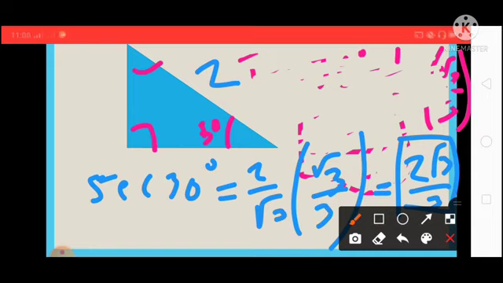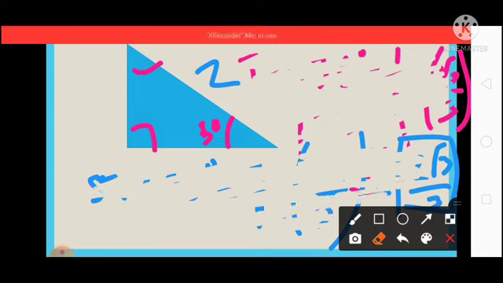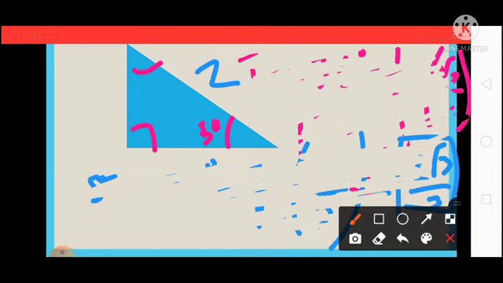Now we're going to find the value of cotangent 30.